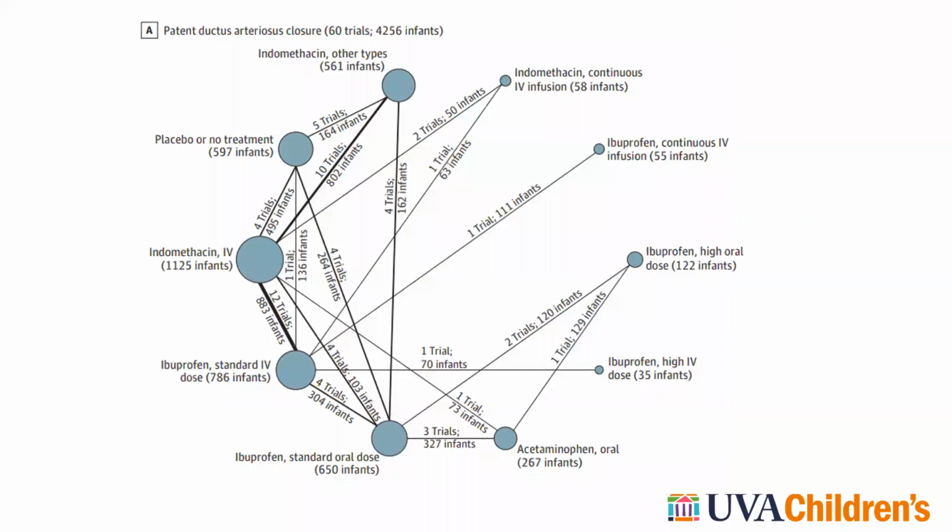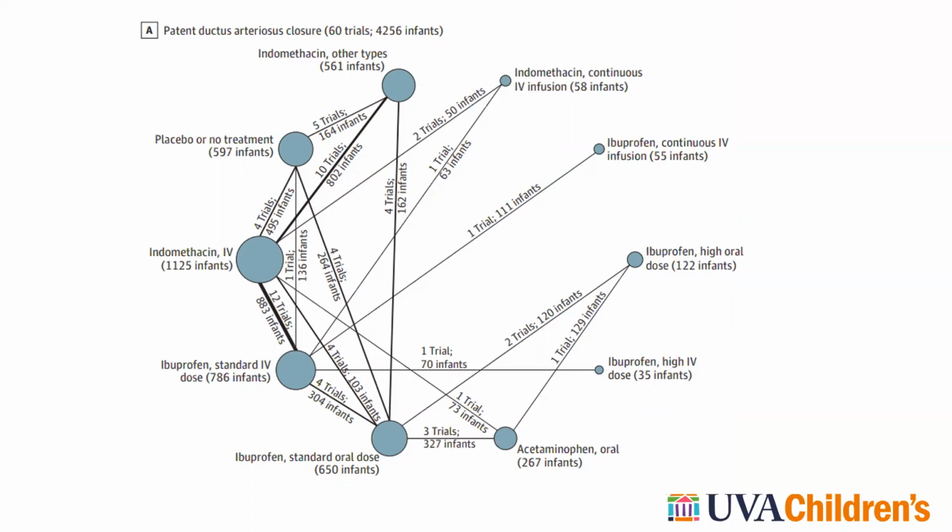So they had these network plots that they used to measure outcomes. Each node indicates a treatment modality. These are the nodes. And each line connecting 2 nodes indicates a direct comparison between 2 modalities. The thickness of the line is proportional to the number of trials that directly compared those 2 modalities.